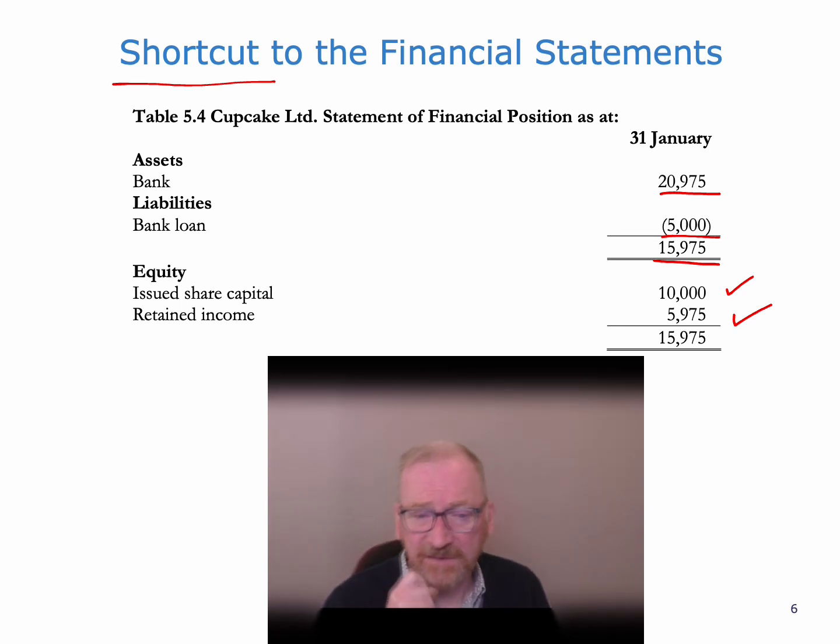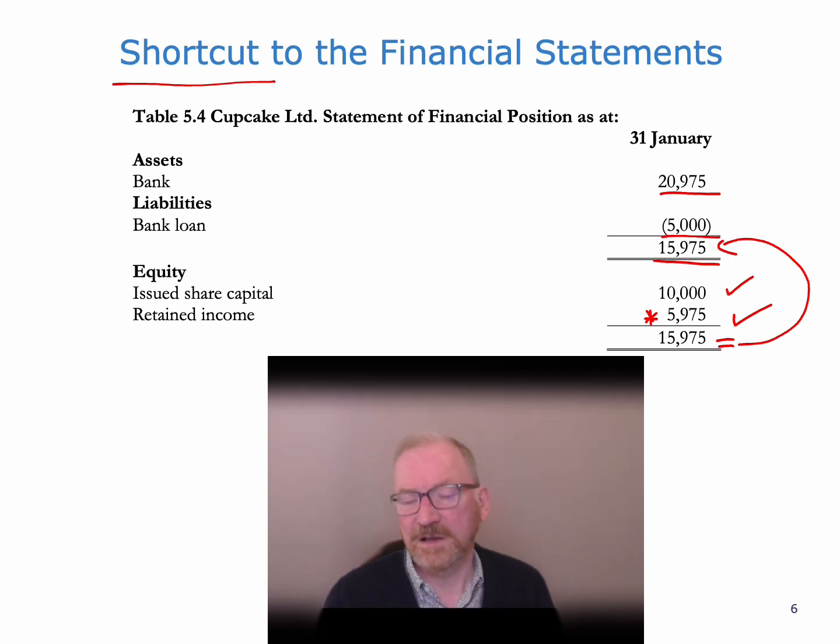Okay, so what is good about this? Well, the good thing is that the accounts balance. We can see by putting in this retained earnings of 5,975 here, we get the whole thing to balance, that this is equal to that. Okay, so you can see there, just taking a shortcut, that's what the financial statements should look like.